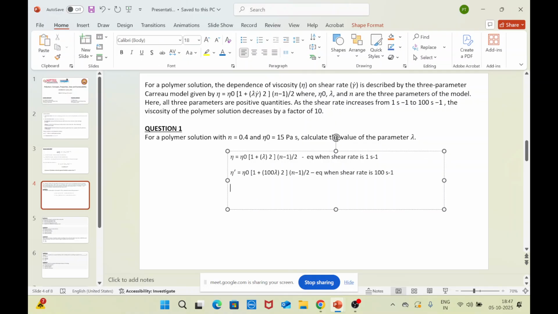So if you divide these two equations, then you will be able to solve for the value of lambda. So let's divide equation 1 by 2.